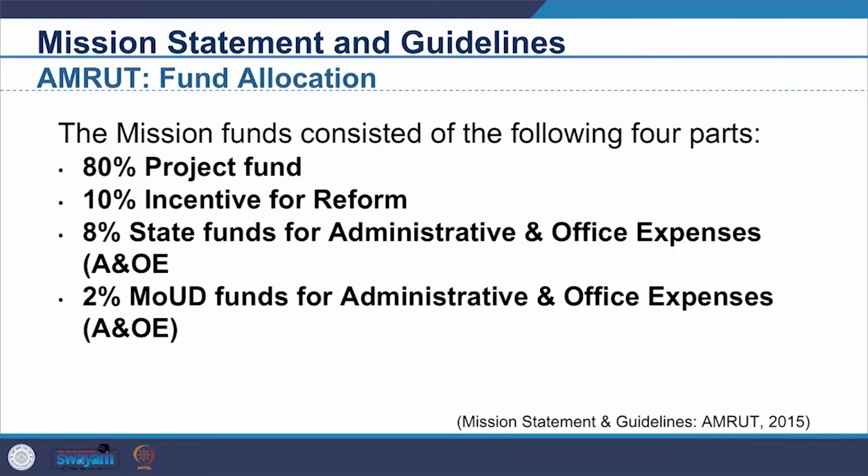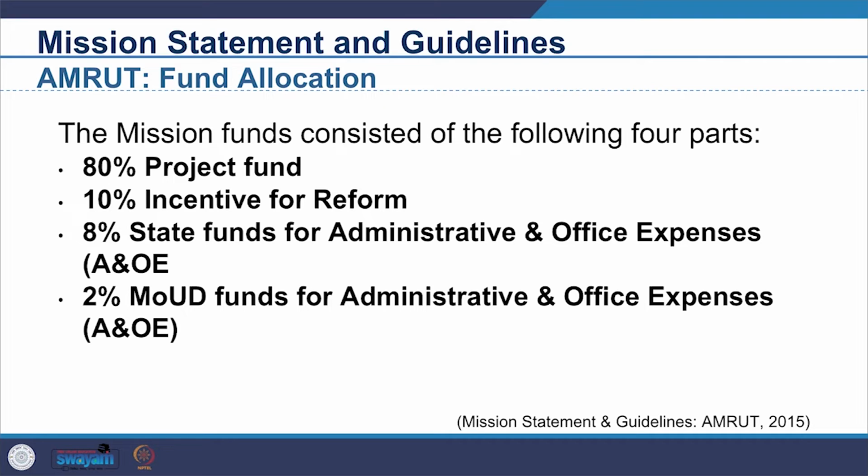The mission fund consists of 4 parts. First is the project fund, which constitutes 80% of the annual budgetary allocation. Second, we see incentives for reforms. 10% of the annual budgetary allocation is for reforms.